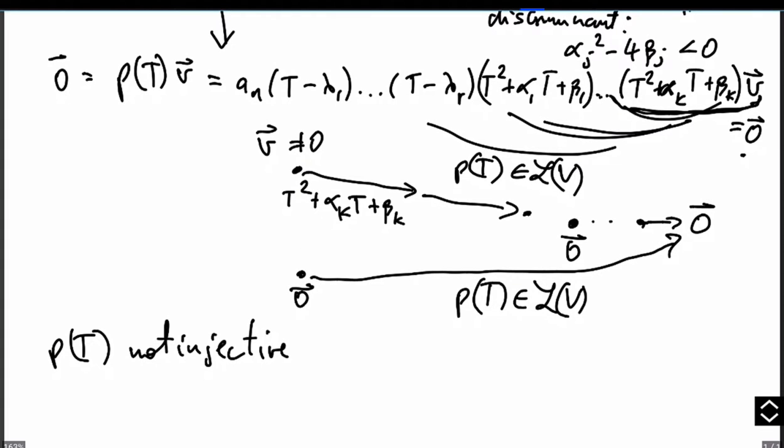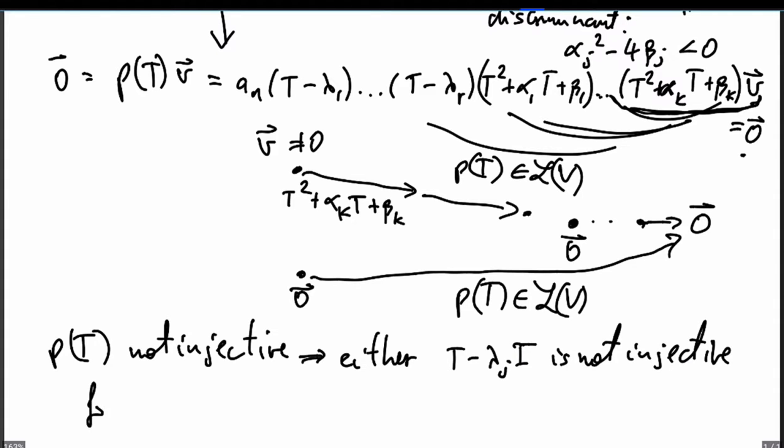So if this is not injective and this is a combination of these factors, then we have two options. Either one of the t minus lambdas is not injective. So let me write t minus lambda j I is not injective for some j going from 1 to r, or one of the quadratic ones.